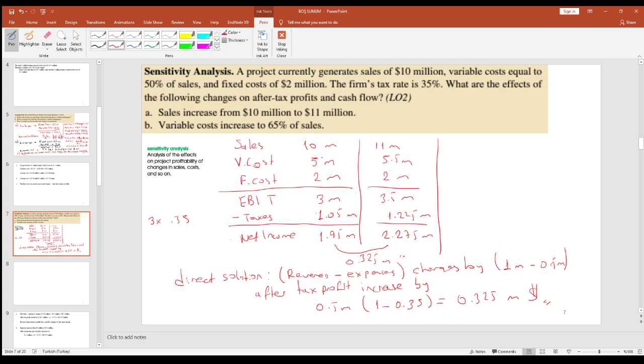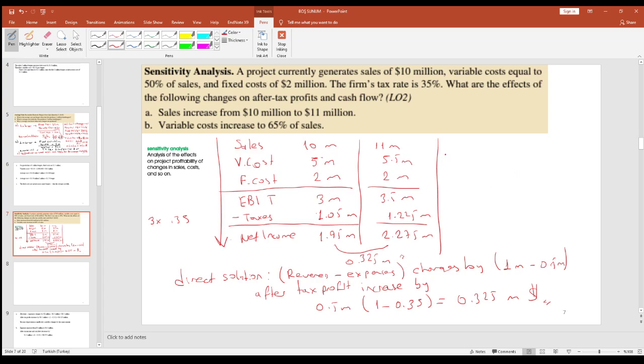So in each case we find the same result. I suggest you solve such problems by this method. It is easy to see how to prepare an income statement or simple income statement.